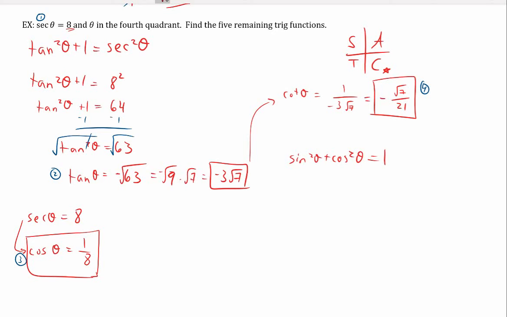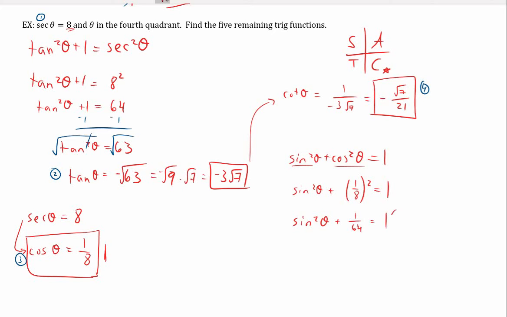We learned this identity that tells us how to find sine if we know cosine. Since we know that cosine is 1/8, I can plug that in here, and I'd have sine squared plus 1/8 squared equals 1, and then I'm just solving that for sine again. So sine squared plus 1/8 squared is 1/64.